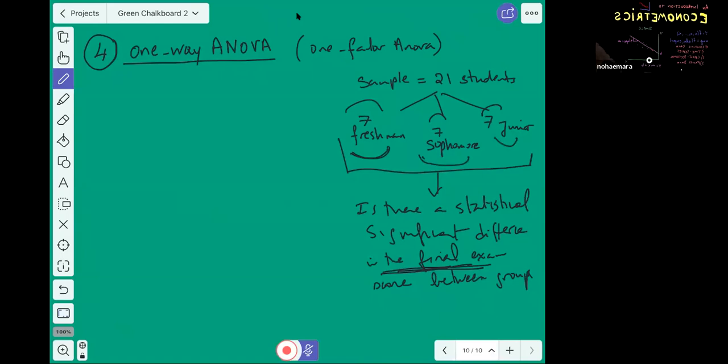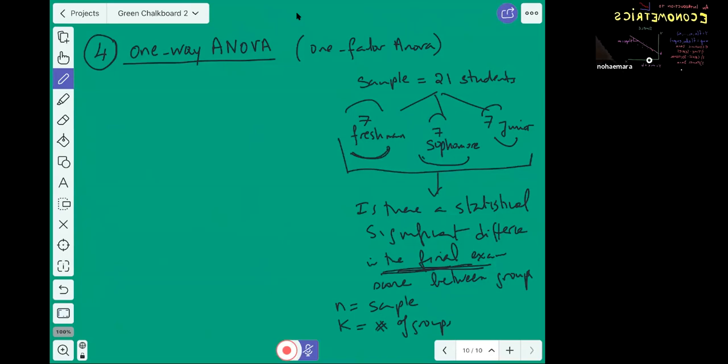So you're getting 3 averages here. Our sample, as I said, we always call N, and let's say our groups are K. So here K is 3, which is the number of groups.